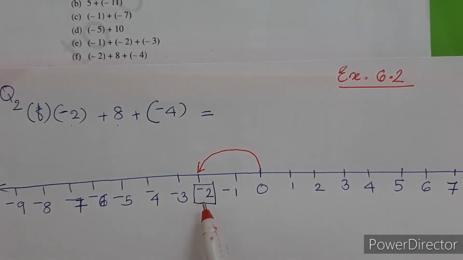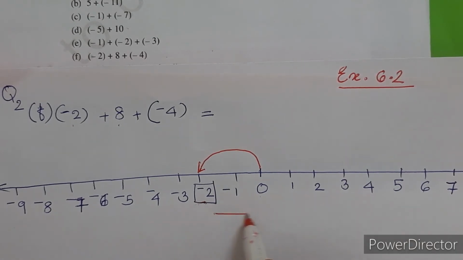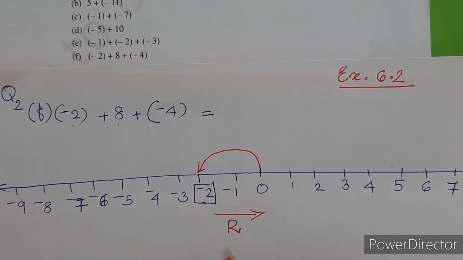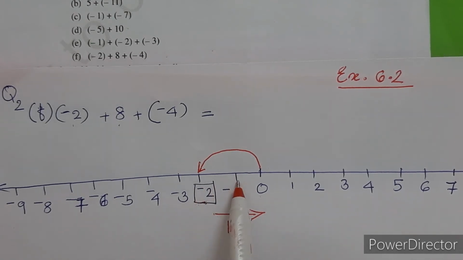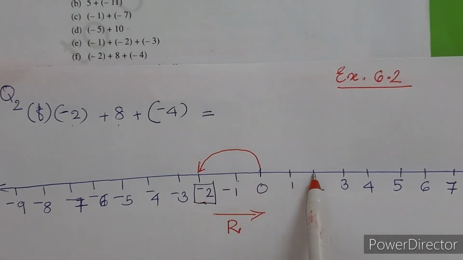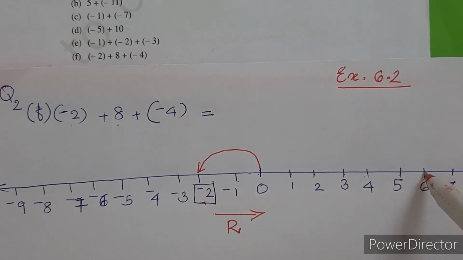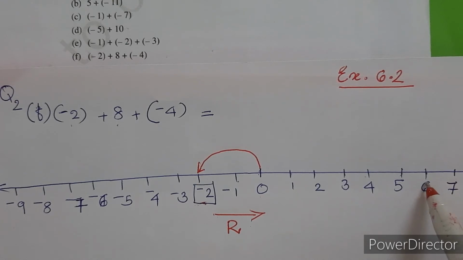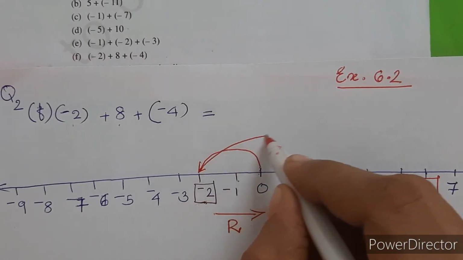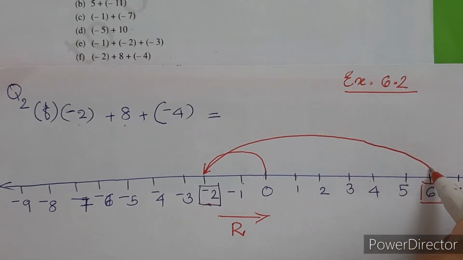This is minus 2, and this is the right direction of minus 2. So we move 8 points from minus 2: 1, 2, 3, 4, 5, 6, 7, 8. So we reach 6. It will be expressed like this.